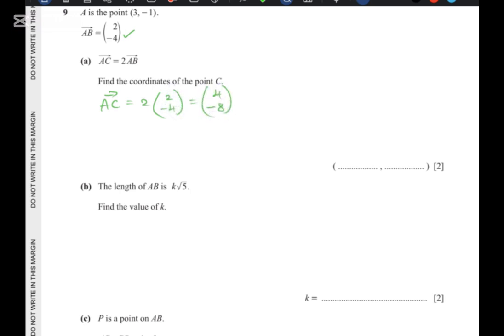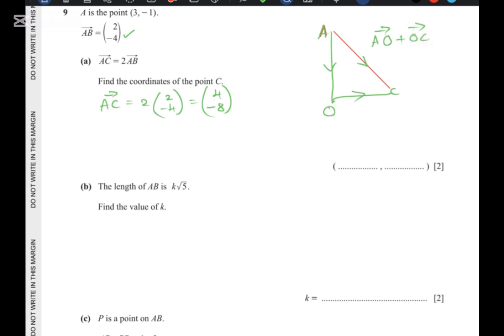This is AC. But they are asking us the coordinates of point C. So to get the coordinates of point C, we need the position vector OC. If we find that, we can find the coordinates of C. So let me show you a thing here. This is AC, suppose, and vector AC from the origin O will be AO plus OC.